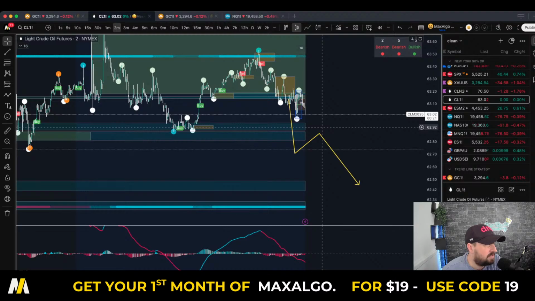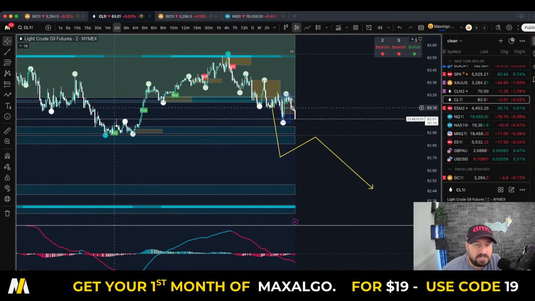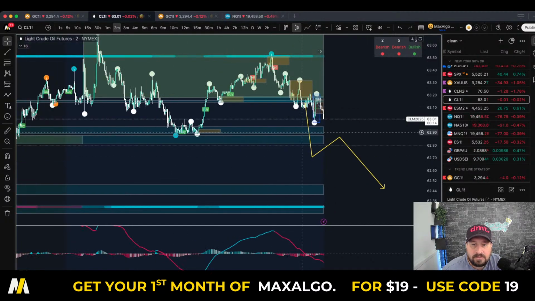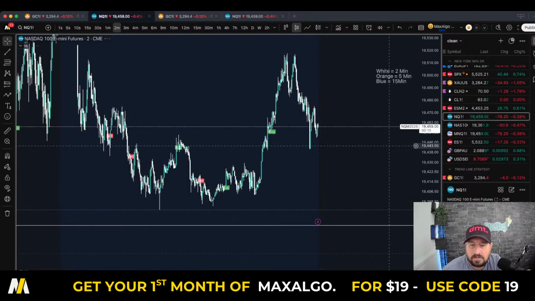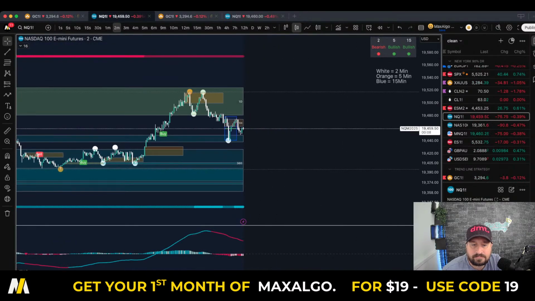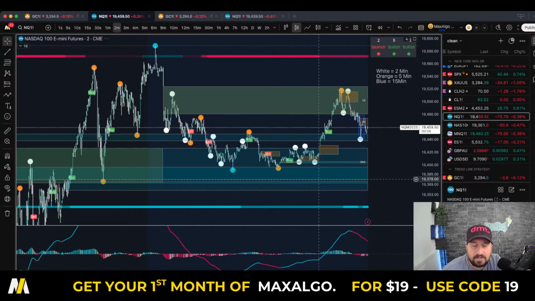Then we'd also get a new 6 hour candle, and then we can see the same thing again. Got this range.